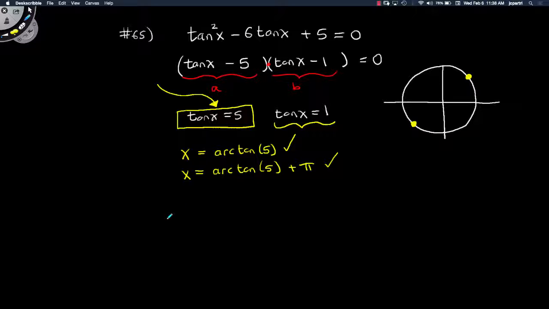Have I taught you when the sine of x is equal to 1/3? No. So guess what you gotta do? X equals arc sine of 1/3.